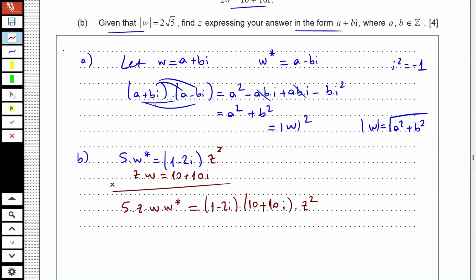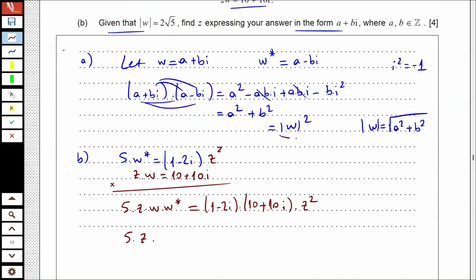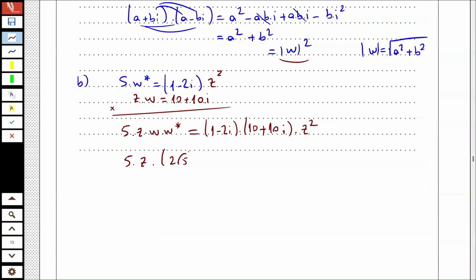So we can write 5 times Z. This was the square of the magnitude of W, which is 2 times the square root of 5 squared. And you can also multiply here: 10 plus 10i minus 20i minus, it's going to be 20 because i squared is minus 1, times Z squared.